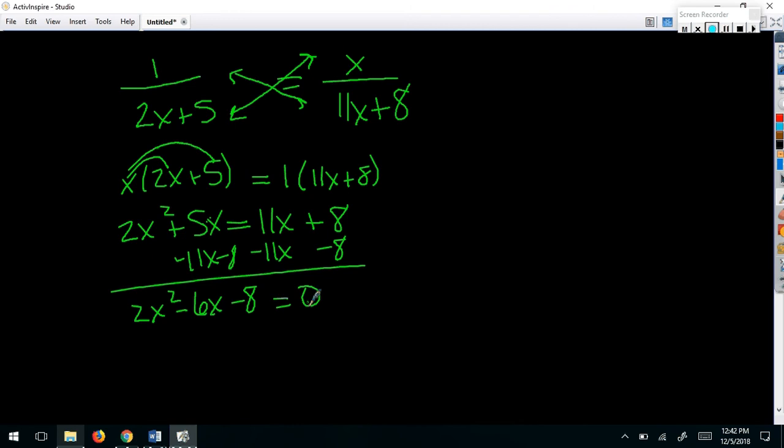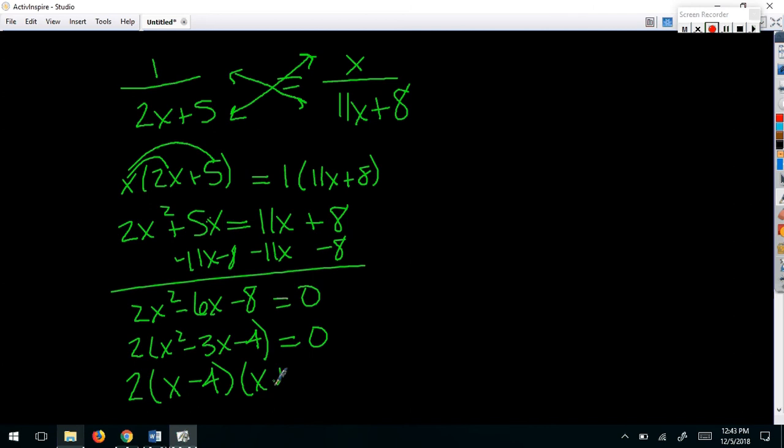What multiplies to negative 16 but adds to negative 6? Yes, take out a 2 first. That's good. Now it's a much easier factor. Because there's no leading coefficient, it's negative 4 and positive 4.